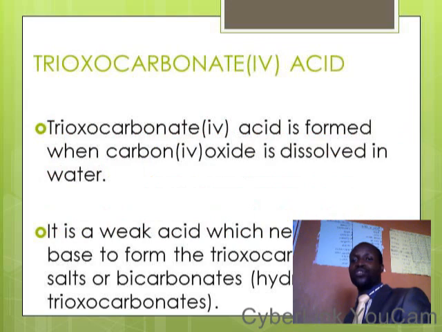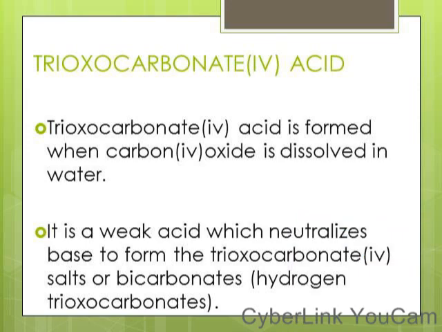Now let's move on to trioxocarbonate 4 acid. Trioxocarbonate 4 or hydrogen trioxocarbonate 4 is formed when carbon 4 oxide is dissolved in water. Trioxocarbonate 4 acid is a weak acid which neutralizes base to form trioxocarbonate 4 salt or bicarbonate, that is hydrogen trioxocarbonate.